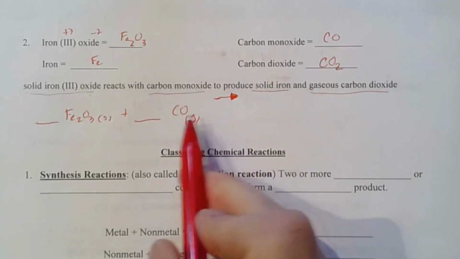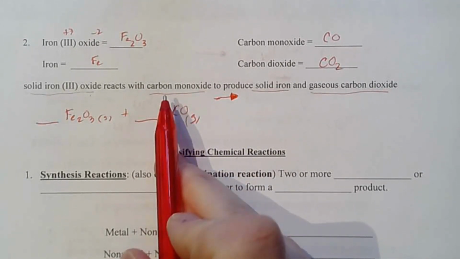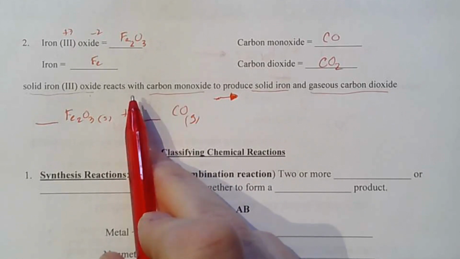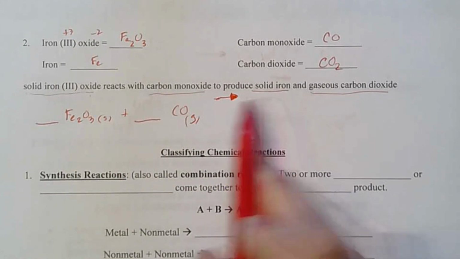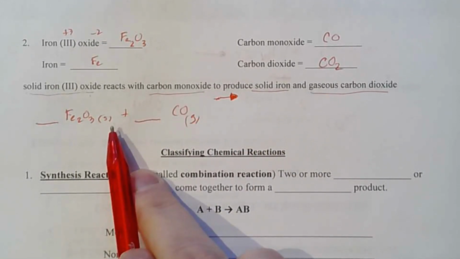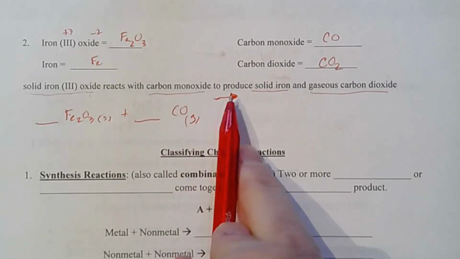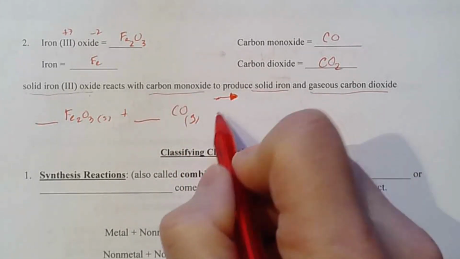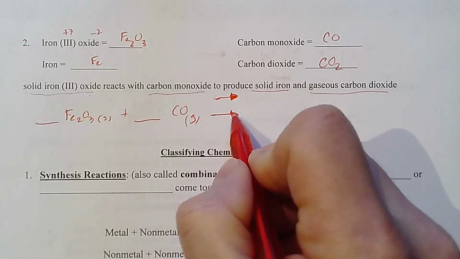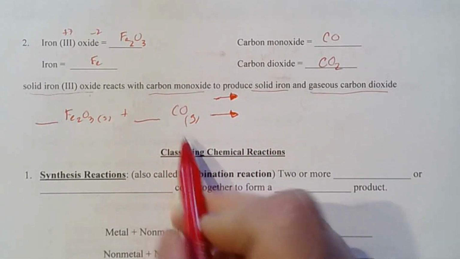If you ever encounter this on a test or quiz, where you're asked to provide the states of matter and it's not given to you, just ask me if it was omitted on purpose.